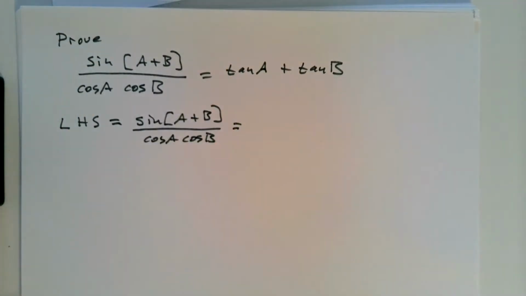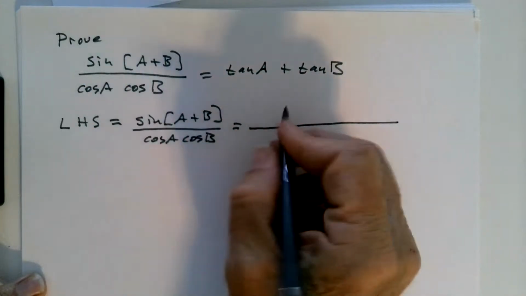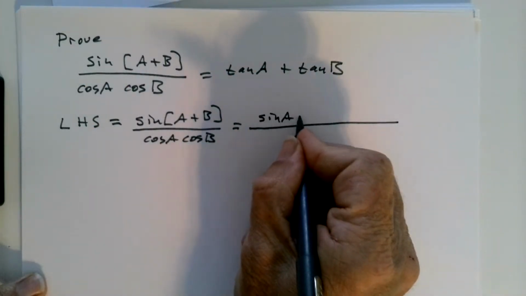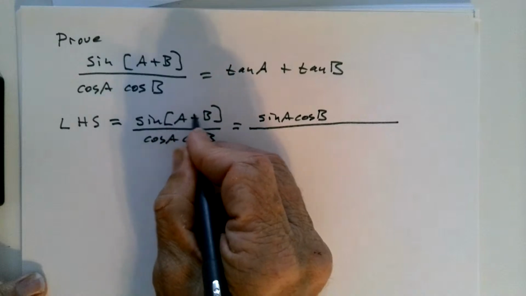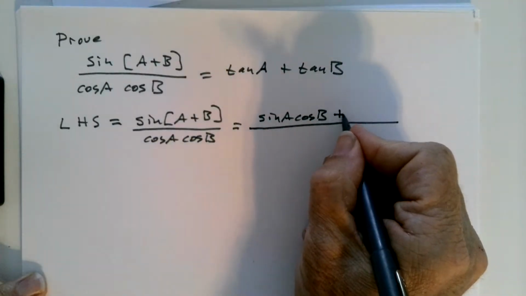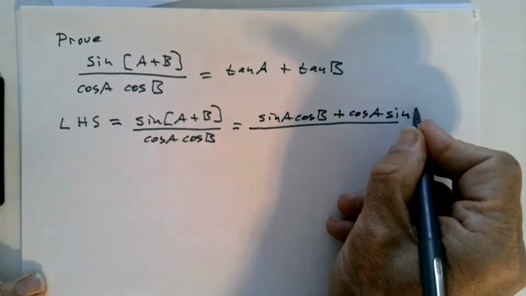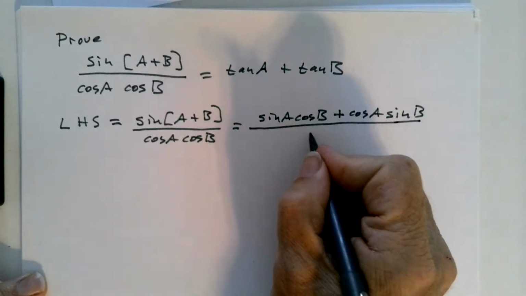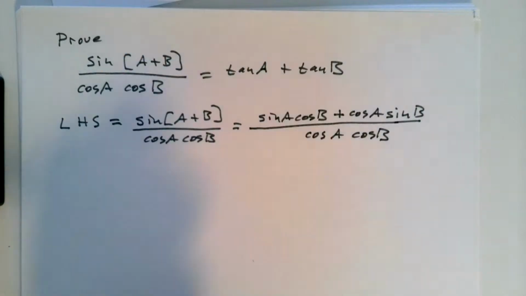Equals. Now, we have to use the sine of A plus B identity. That's sine cos plus cos sine. So sine A cos B. With the sine function, the sign stays the same. Sine A cos B plus cos A sine B, all divided by cos A cos B. Now, what's our process?